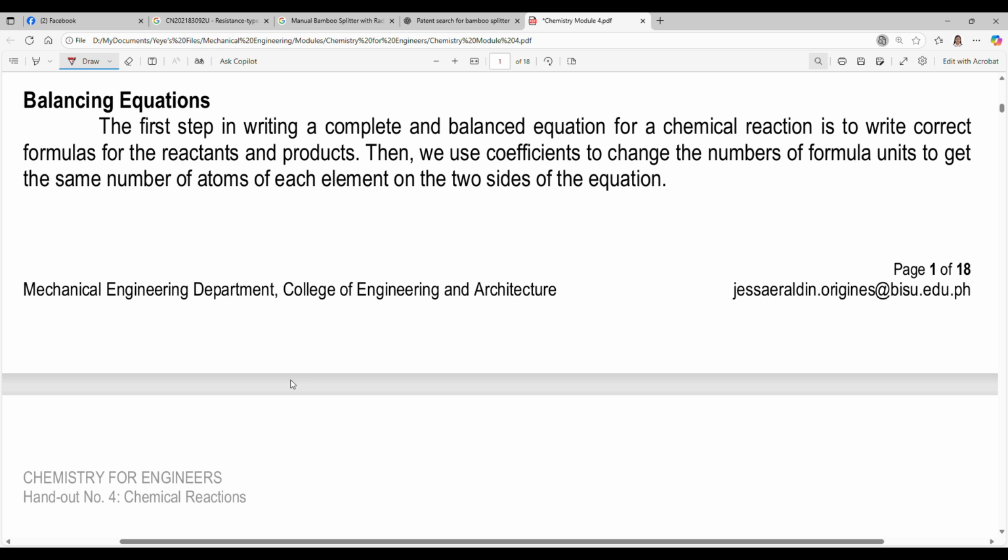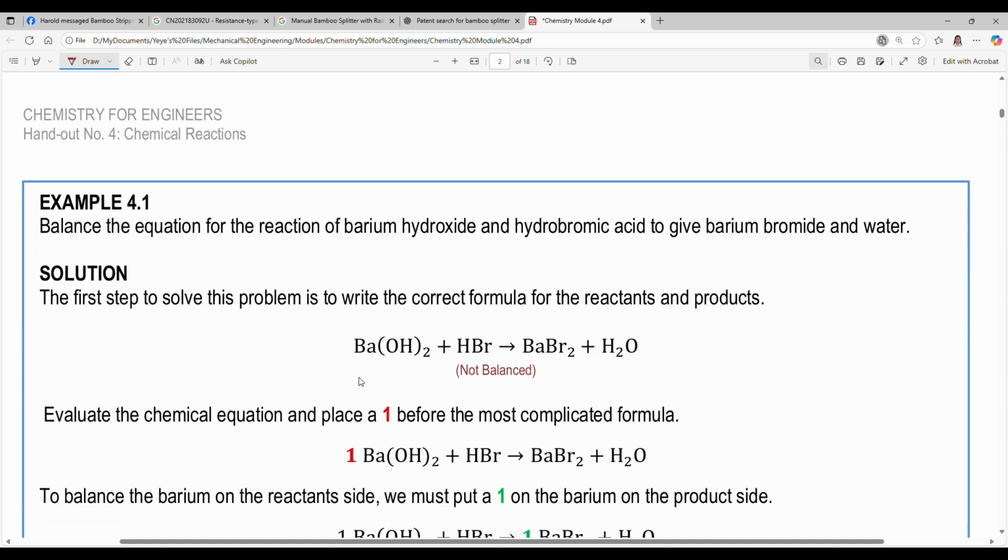As I said in the last meeting, it is really important that we know how to write the correct chemical formula for a substance, because if the chemical formula we write is wrong, then the chemical equation we generate will also be wrong. So that is the first step in writing a balanced chemical equation.